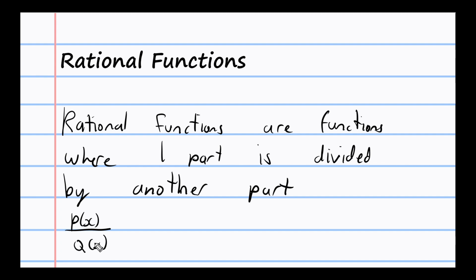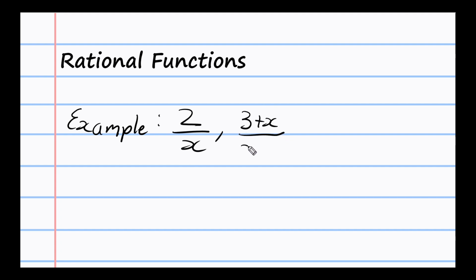Let me show you some examples of what rational functions are and what rational functions are not. So 2 over x is an example. You have a constant on top and a polynomial on the bottom. 3 plus x divided by x minus 1 is also another rational function.